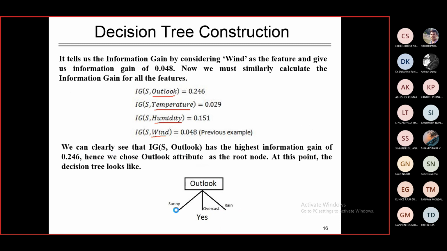for sunny, we will get this subset of the data set. For overcast, we will get another subset of the data set in which the outlook attribute is already removed. And for the rain value, we will get another subset of the data set.